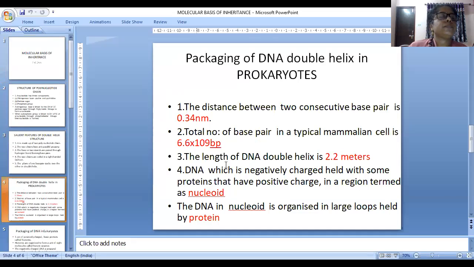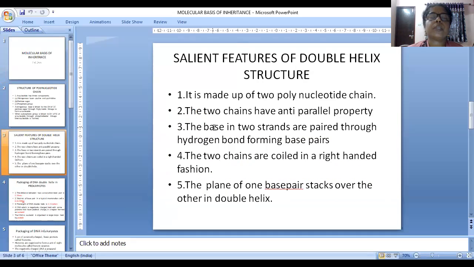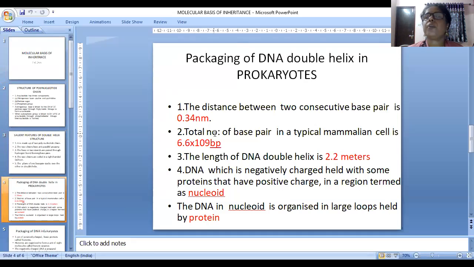The distance between two consecutive base pairs is 0.34 nanometer. The total number of base pairs in a typical mammalian cell is 6.6 x 10^9 base pairs. So we multiply these two.